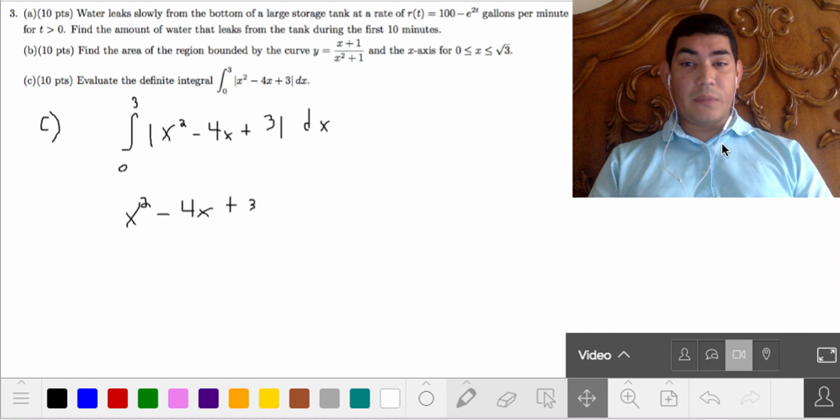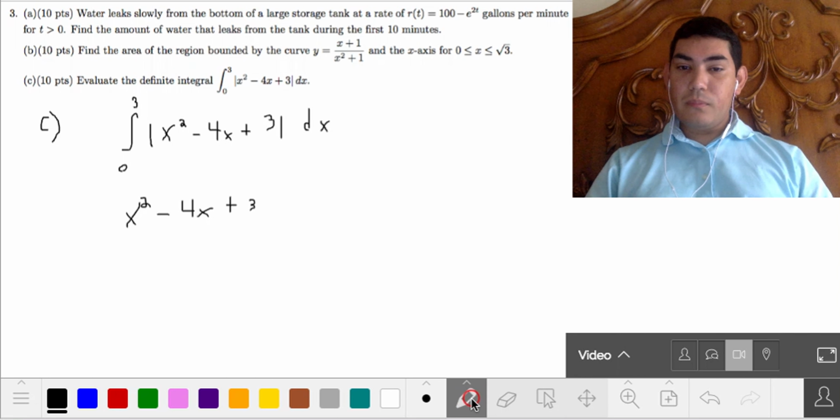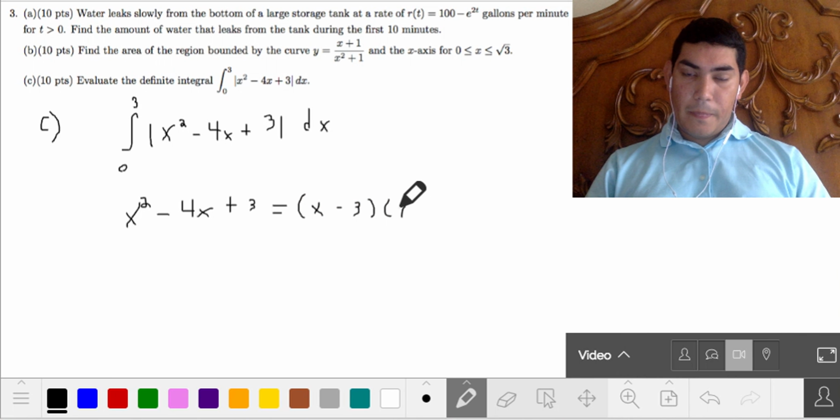Even though it has an absolute value, let's look at what's inside of it. We have x squared minus 4x plus 3. That can be factored into two parts: x minus 3 and x minus 1.